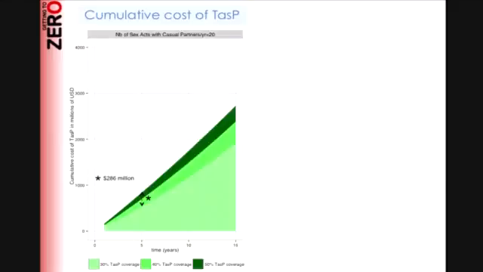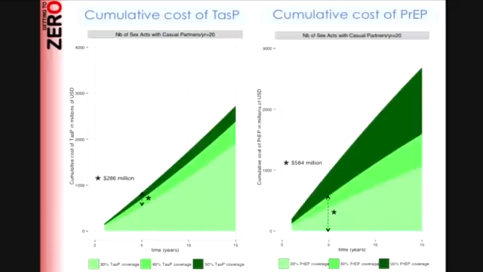And in the same situation, the differential cost will be more or less $300 million. If I look at PrEP only, you see that by incorporating PrEP in this same population over 5 years, it will cost almost $600 million to have a 30% PrEP coverage.